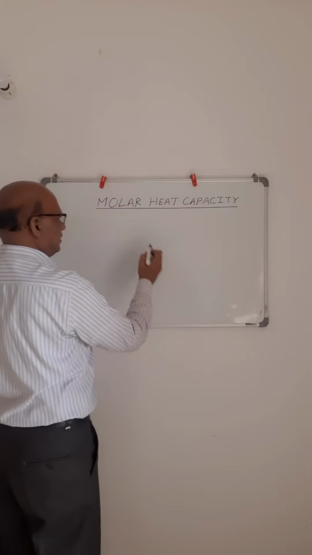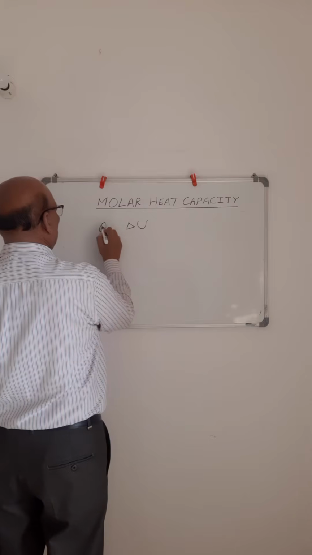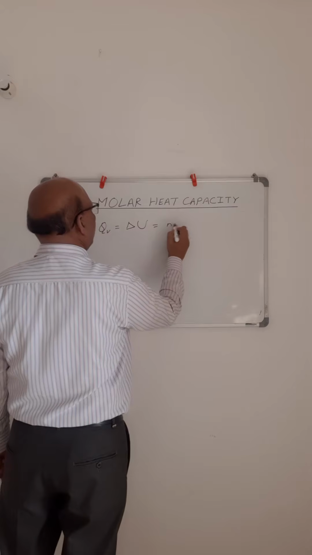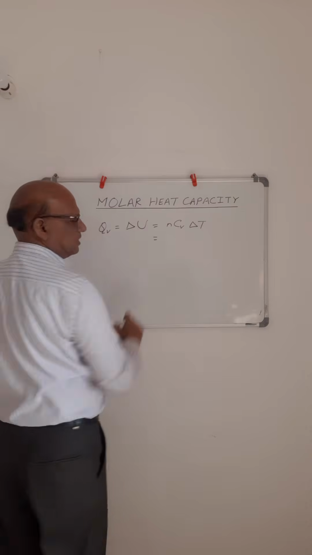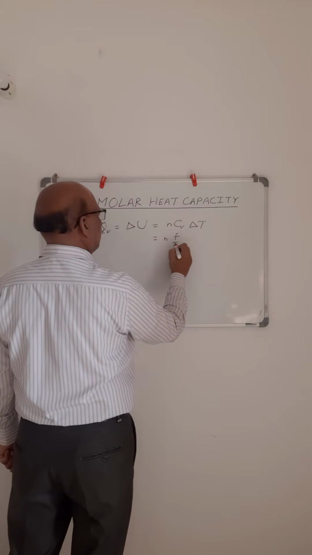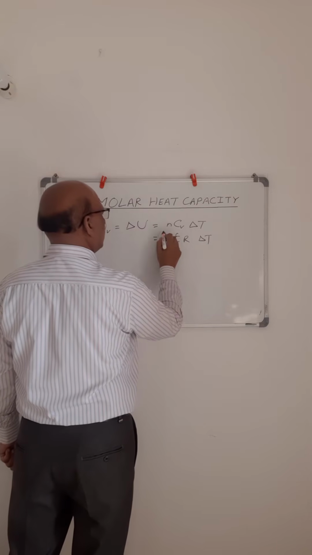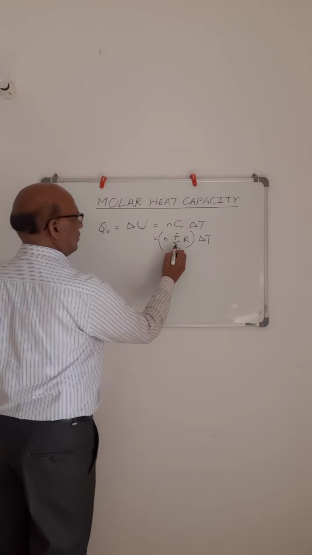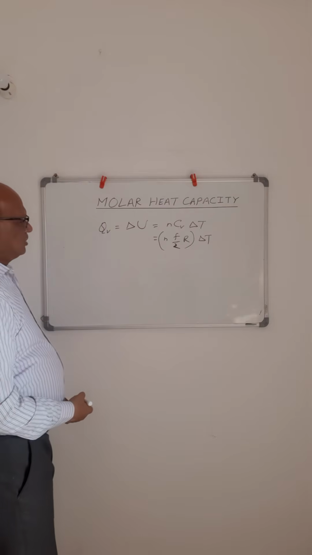So if I write the general formula, then at constant volume, Q at constant volume equals delta U, which is equal to n Cv delta T, where n is the number of moles. Instead of n Cv, I can write F by 2 R into delta T. So this is the formula for heat supplied, or heat exchanged, at constant volume.